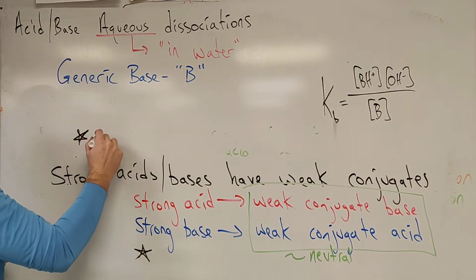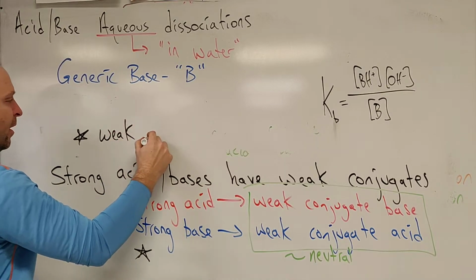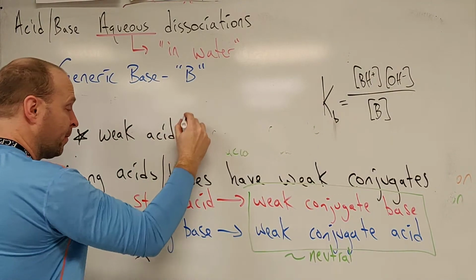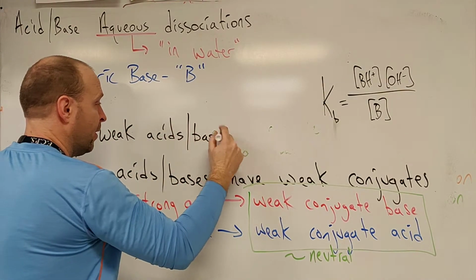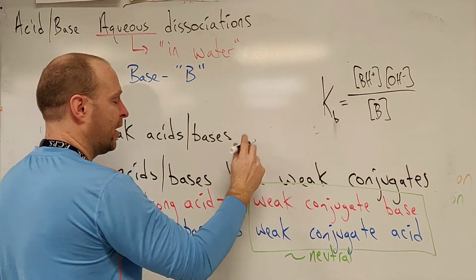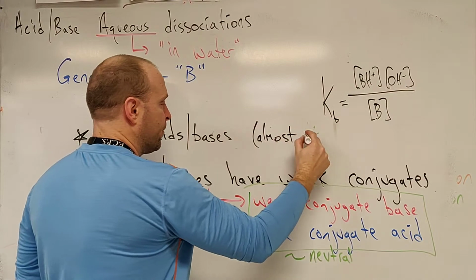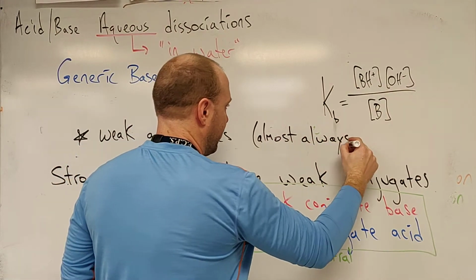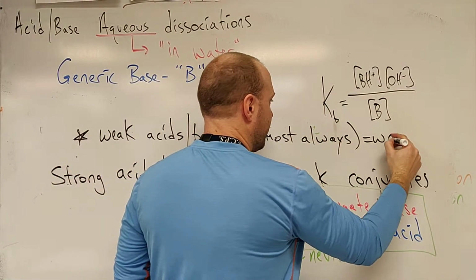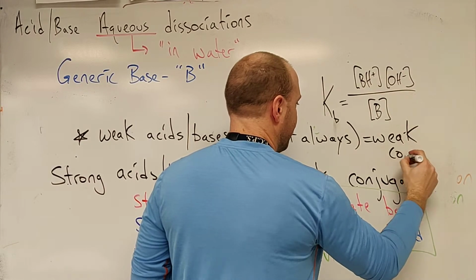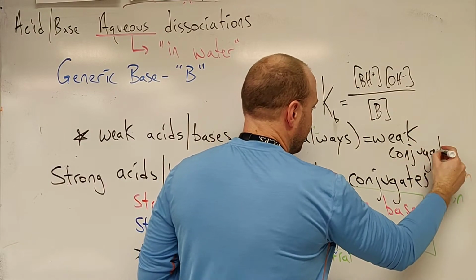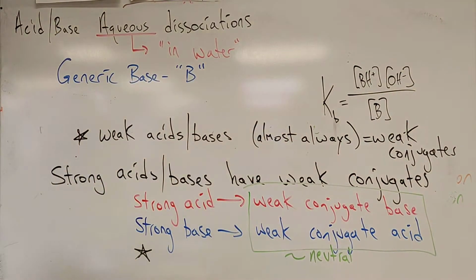Fine print: weak acids and bases almost always have weak conjugates. Again, it's just a matter of statistics.